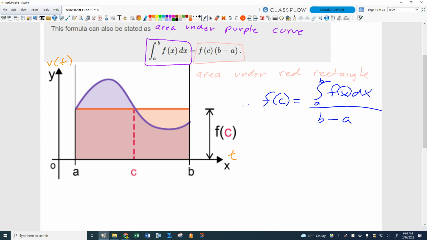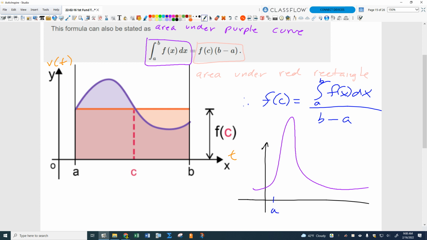I could also draw a situation where we did something like this, right? What if our graph looked like something like that, and I'm looking at the interval from A to B, right? So there's the interval.